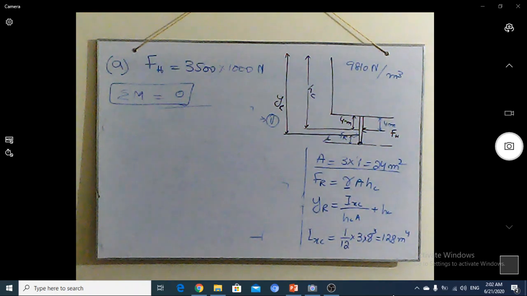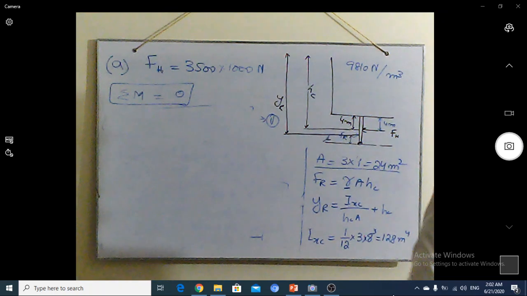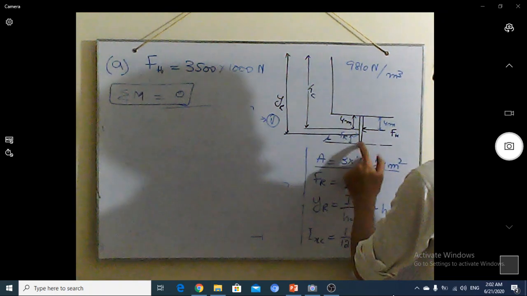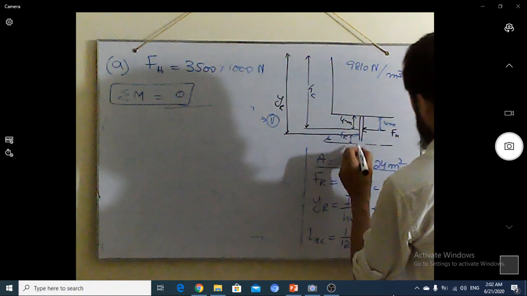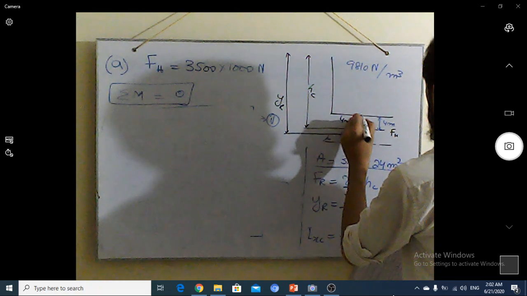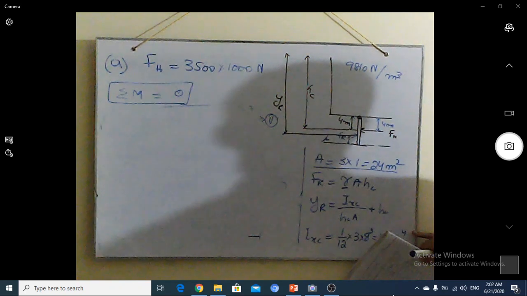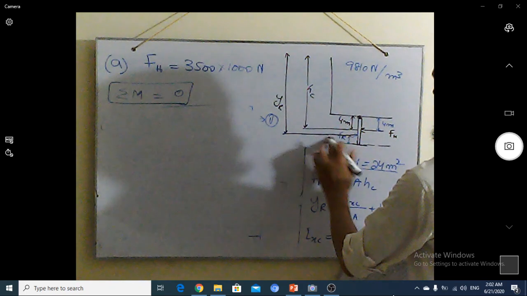A similar equation will develop for part B, in which the axis of rotation is present at the top part of the gate or the passage, and L is not present here.